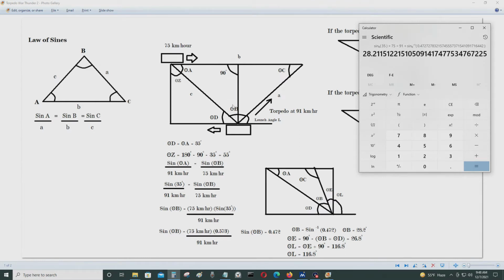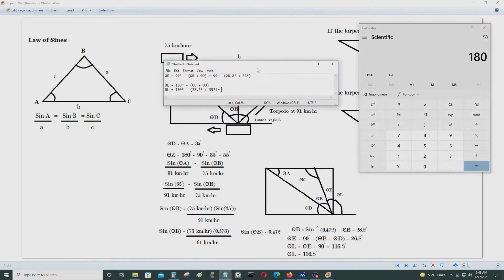So our launch angle is all of that, from here to here. So the sum angle from here to here is 180 degrees. So 180 degrees minus theta B plus theta D.